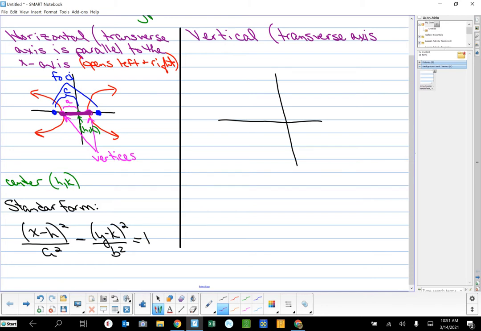The transverse axis is parallel to the y-axis, which means this thing is going to open up and down.